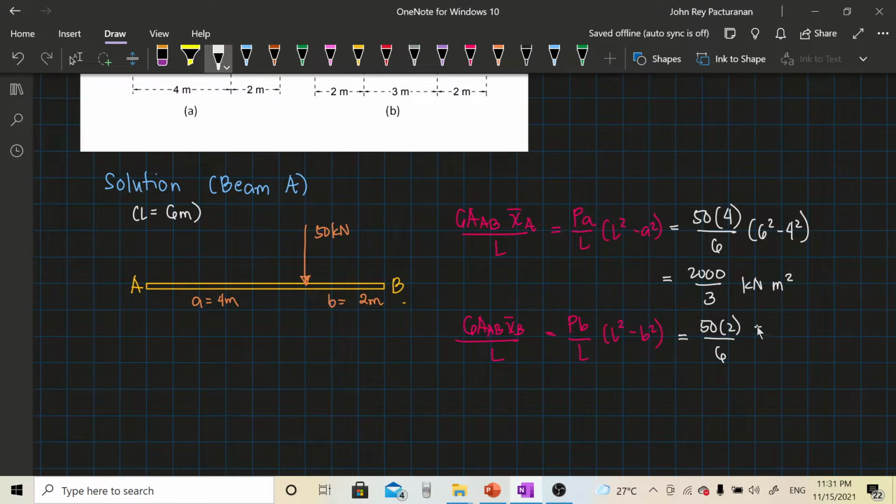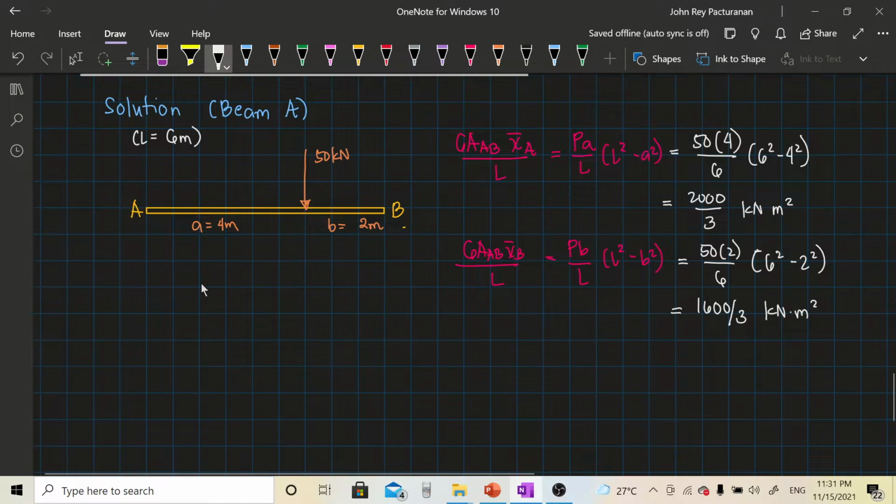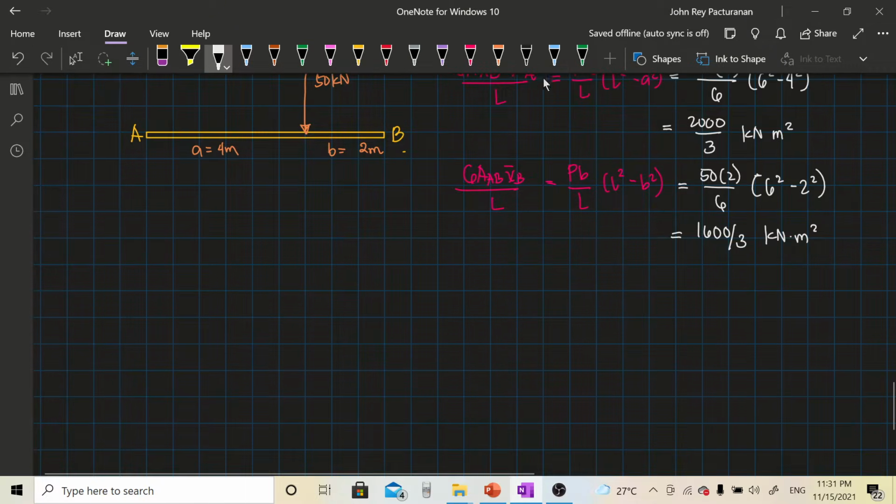Then the quantity 6 squared minus 2 squared. So ang sagot natin dito is 1,600 over 3 kilonewton meter squared. So ito na yung solution natin sa unang beam. Well, of course, we need to consider the next beam. So solution tayo for the beam B.